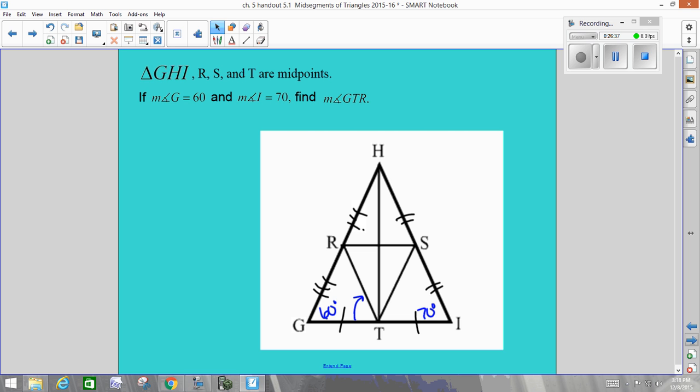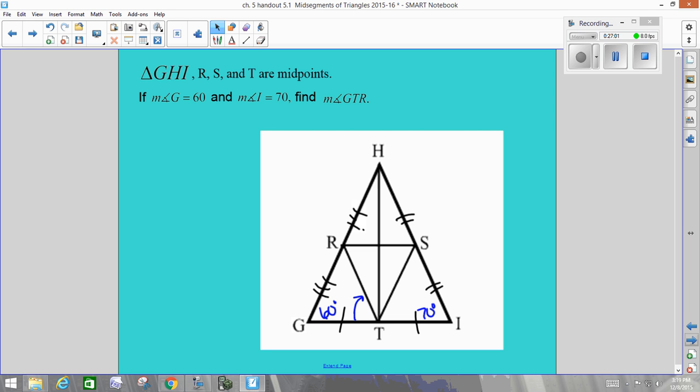Like the two little triangles are congruent? Is that what you're telling me? Why would you say the two little triangles are congruent? We've got to be careful. This side is marked congruent to this side, but these two sides aren't congruent. You see, this guy's got 2 and this one's got 3. You know what I'm saying?